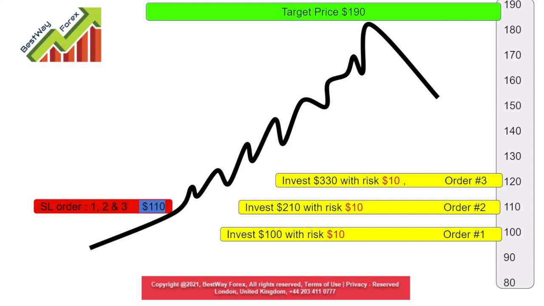Can you believe it? After order number 3, you're tripling your investment, but your risk is 0. If it drops here, you lose $10 here, this one is break even 0, and this one is making $10. So $10 minus $10 is 0. Basically at this stage we have managed to get 0 risk.